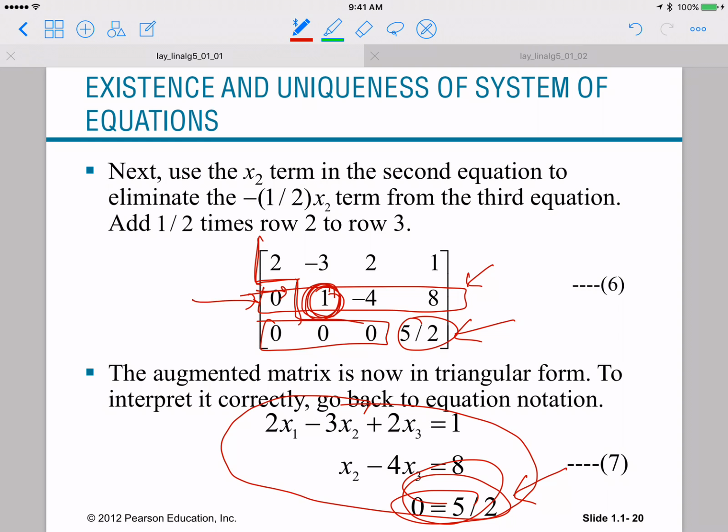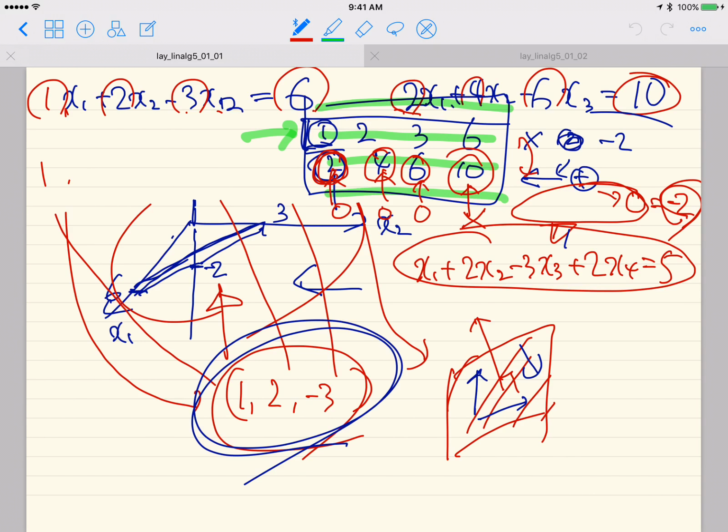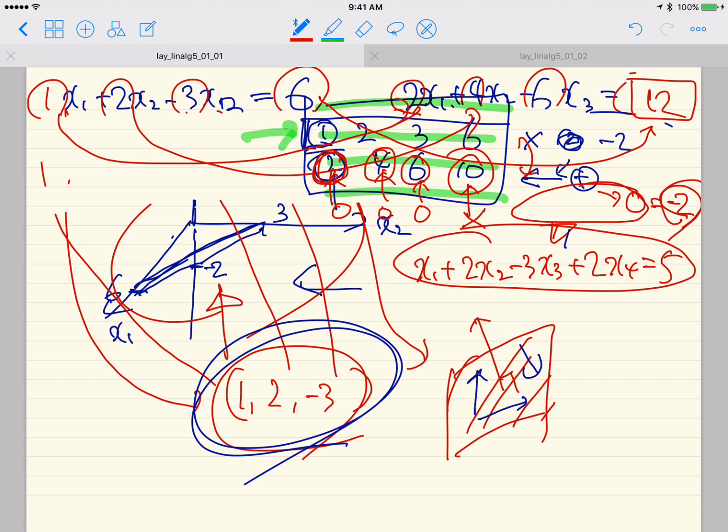But anyways, what if we have exactly the same ratio of the values? For example, in this case, what should this value be? It was all 2 times the original value, and if we see 12 here, then this is the case where the 2 lines or 2 hyperplanes are coinciding with each other, right?